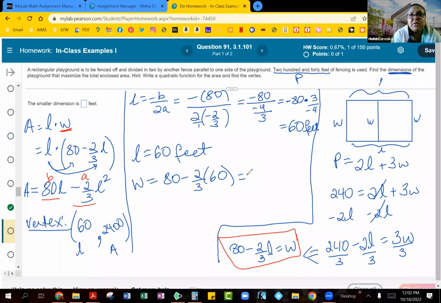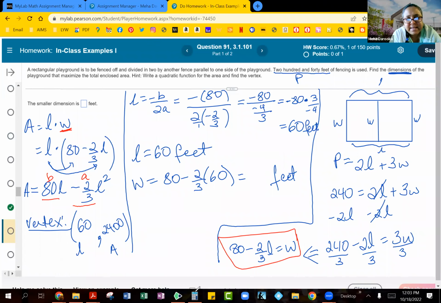So does anybody know what our width will come out to be? And of course, that will also be in feet. Okay, Maria, I've got, looks like 40 feet from you. All righty. Very nice.